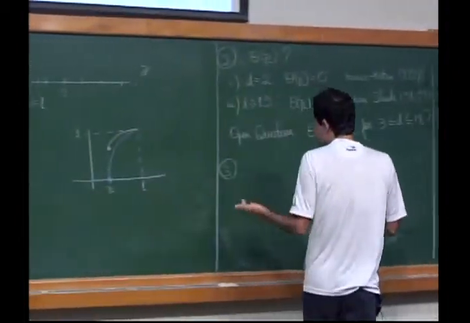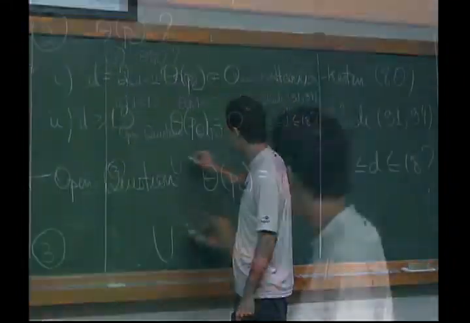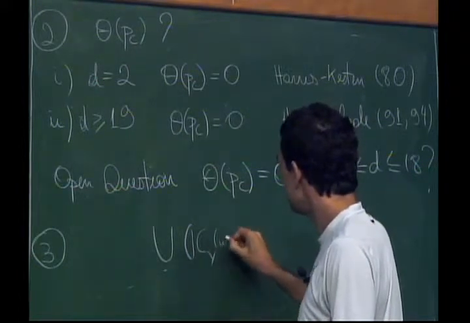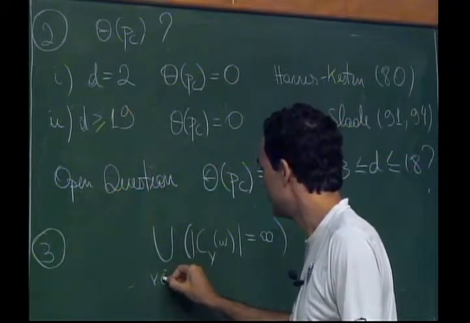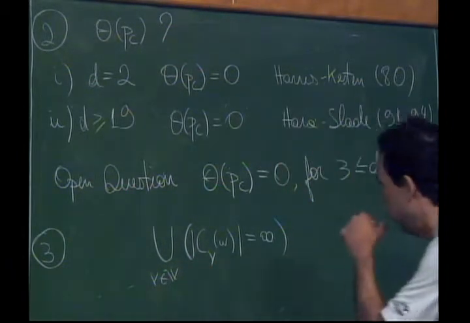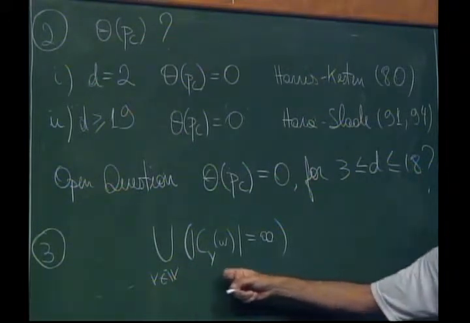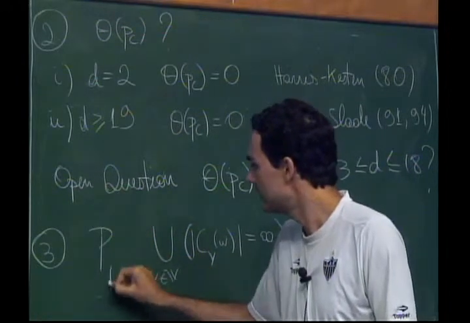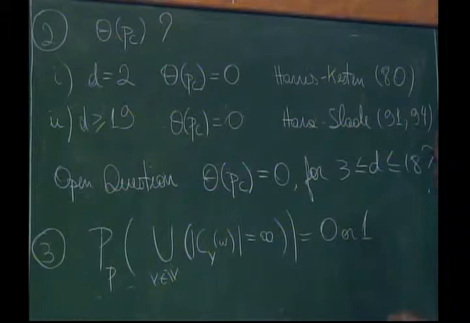Then for this class of graphs, for example Z^d, if I consider the event that the cluster of v is infinite, union over v, this event is translation invariant, then by ergodicity, this probability should be 0 or 1.